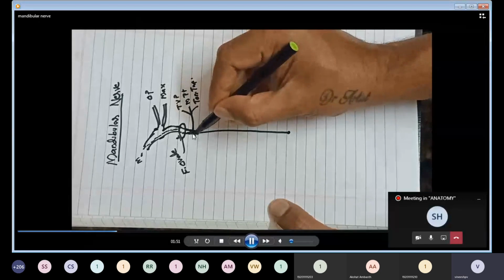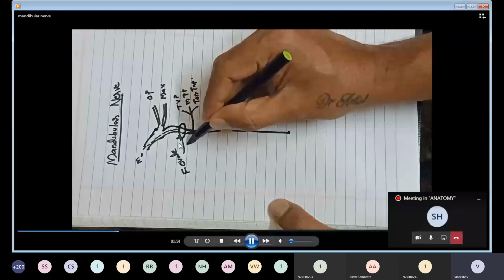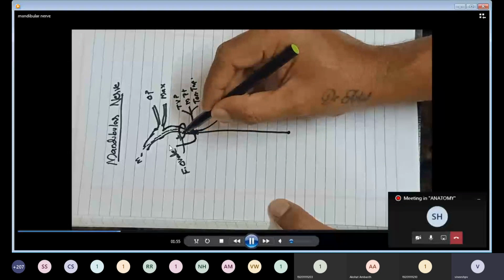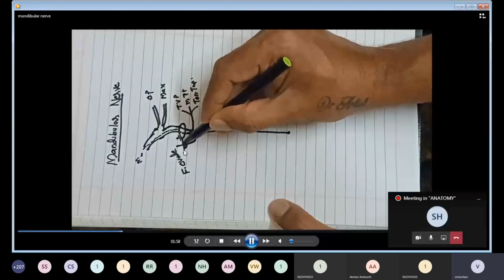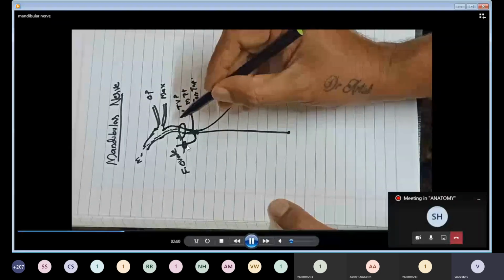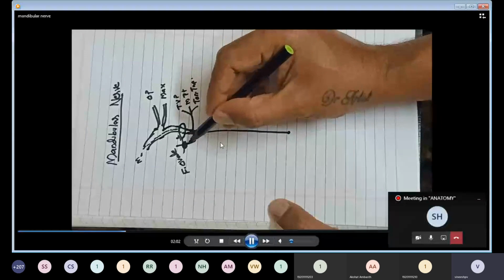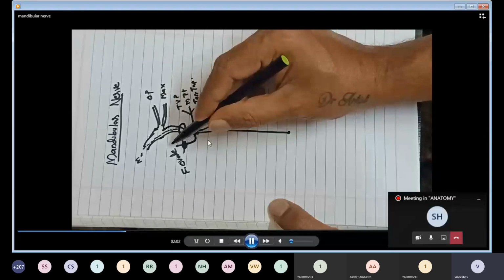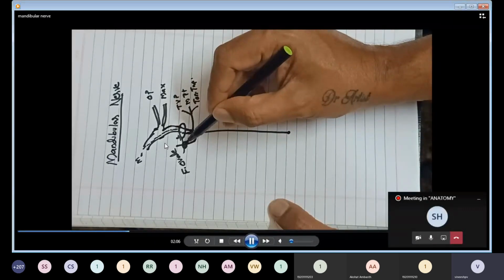One more branch is nervus spinosus. It goes inside to the brain through the foramen spinosum. See what I drew, it is the foramen spinosum. It goes through and supplies the middle cranial fossa.